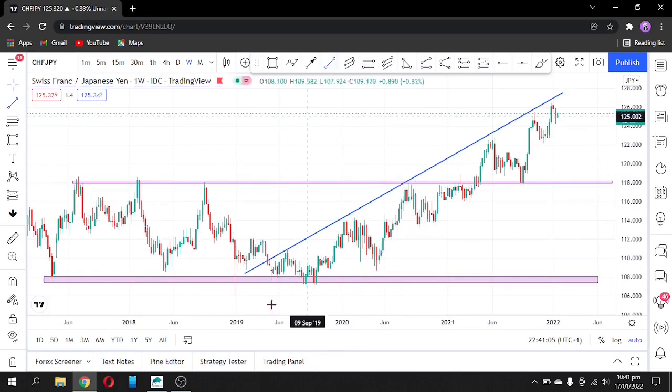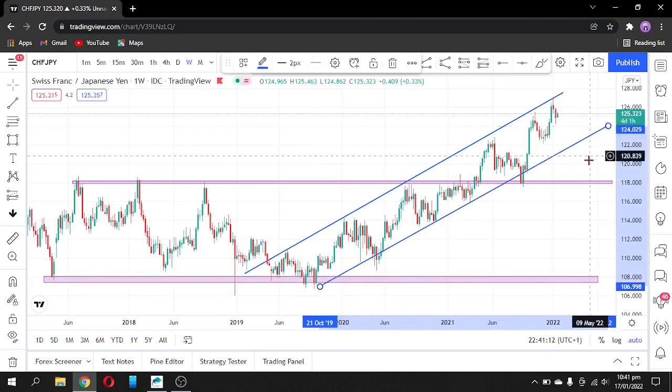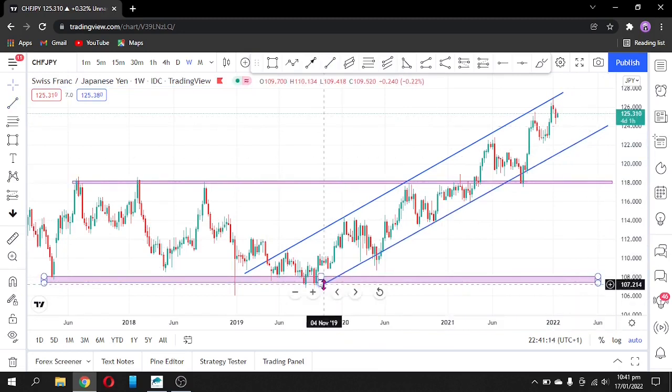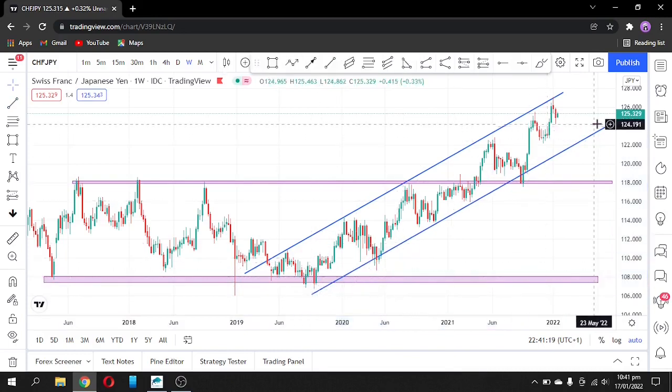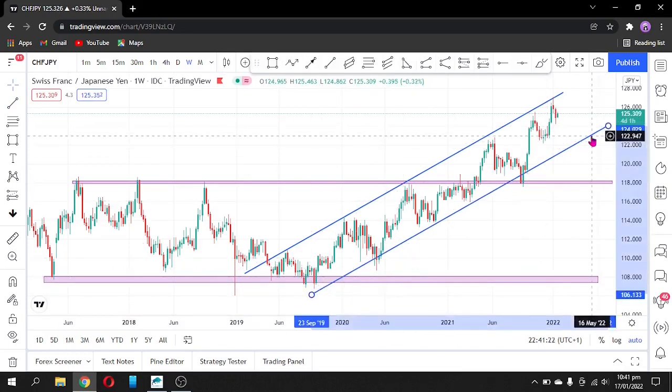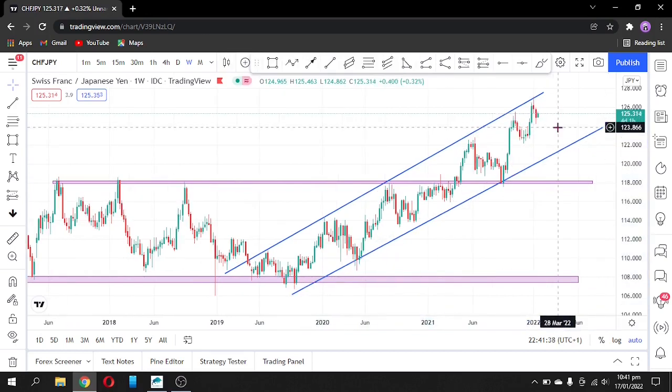If we plot out the linear support, you can see price respected this support zone quite a number of times, so this proves to us that this zone is significant and it will be of importance when price should come back to these zones.